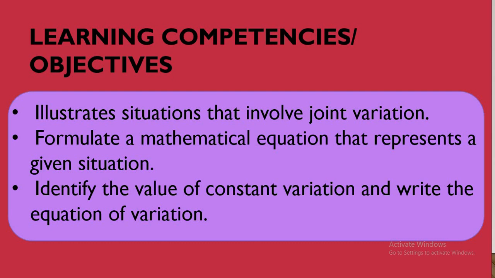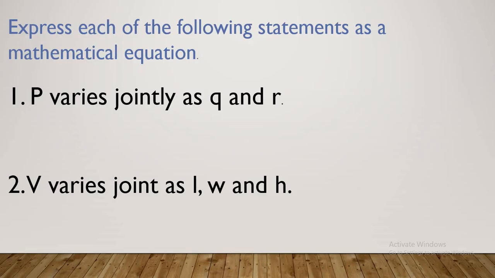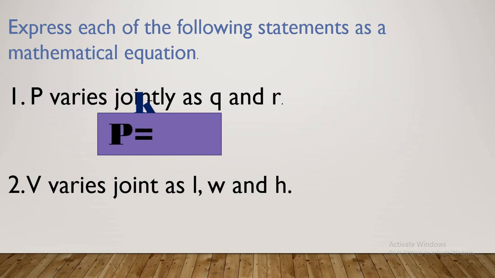Formulate a mathematical equation that represents a given situation and identify the value of the constant of variation and write the equation of variation. Express each of the following statements as a mathematical equation. Number 1, P varies jointly as Q and R. So you can simply write it as P is equal to KQR.